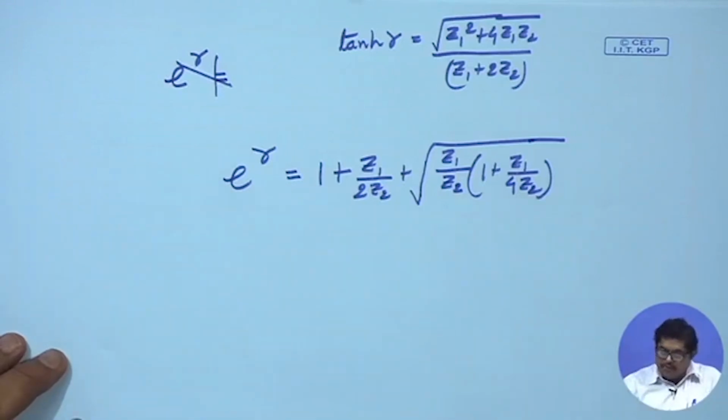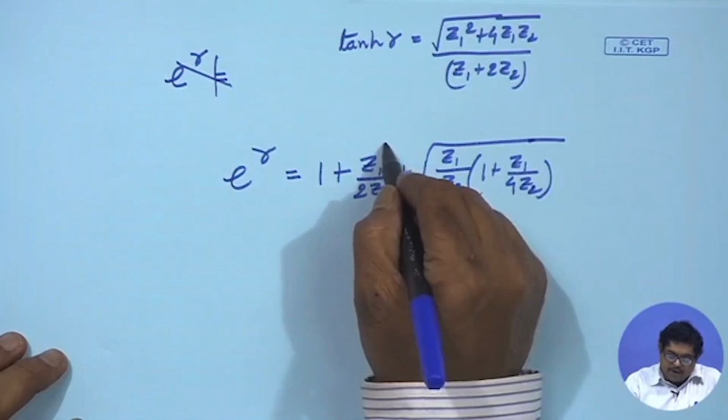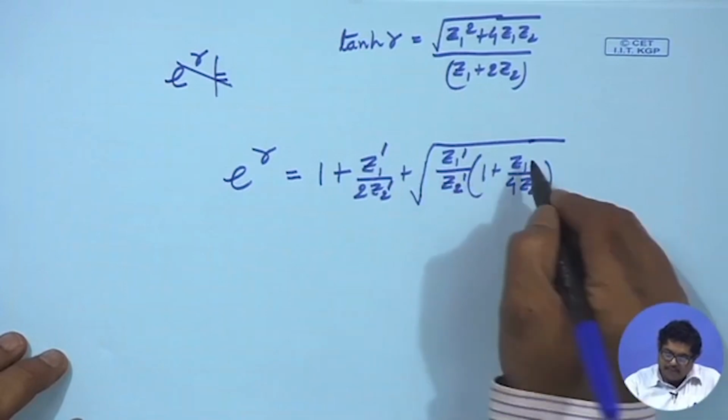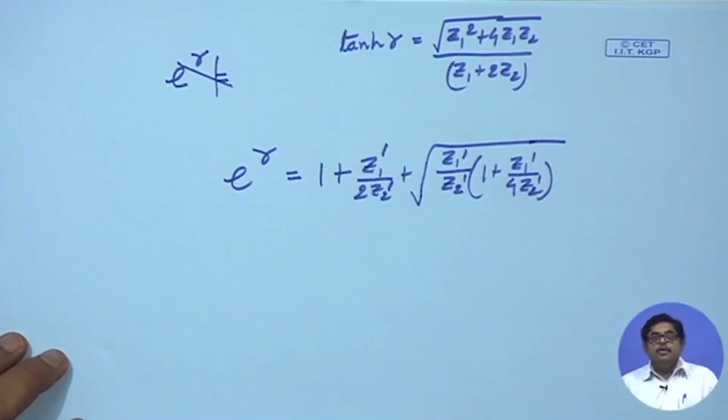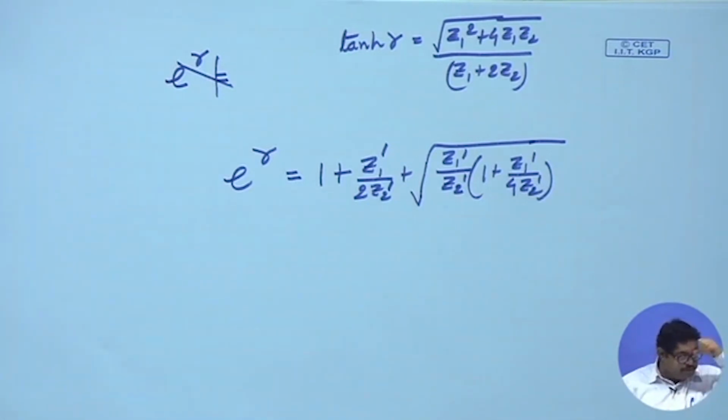Now, we are looking for the m-derived section. So, let me put primed quantities here, e to the power gamma prime with Z1 dashed. Okay. So, this is the expression for e to the power gamma.